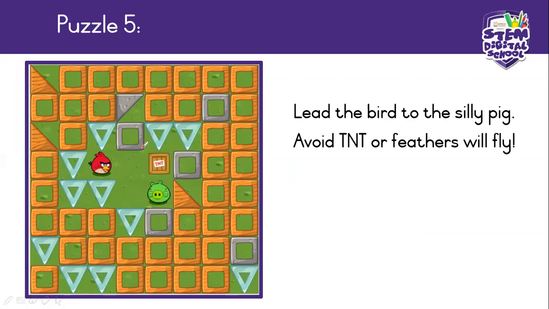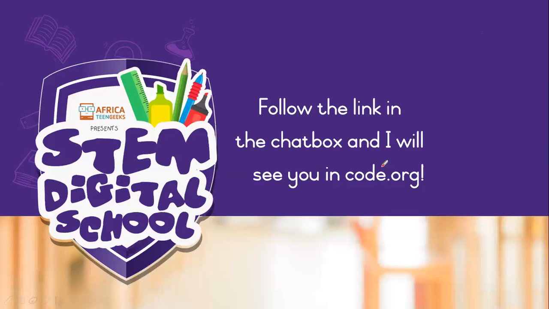At least when he walks into a wall, he only gets dizzy. But if he walks into TNT, he's going to blow up. So we will test that as well, so that you guys can see exactly what's going to happen if the feathers fly. Okay, I am quickly going to take you over to my other platform.